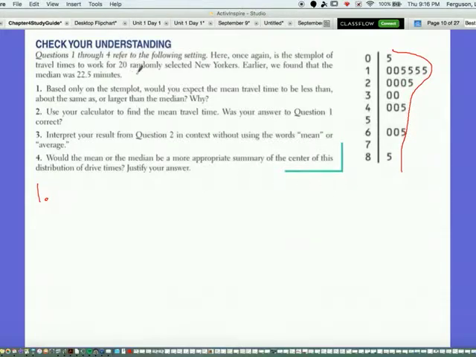And so because this particular data set is obviously skewed right because we've got this long right tail, then we would expect the mean to be greater than the median, because remember that that outlier, 85, is really going to affect what the mean is. So the mean is going to be greater than the median because the data is skewed right.